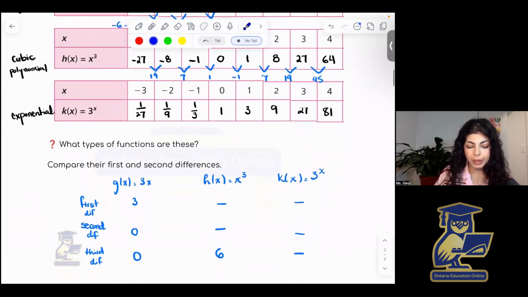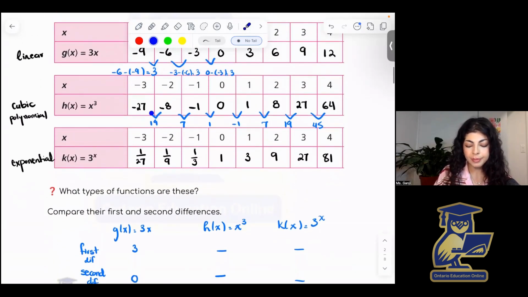Now, with the cubic function, if you take the first difference, shown there, you see that they're not constant. If you take the second difference as well, they're also not constant, which might be a little bit new for you. If you had done this previously with quadratic functions, we would always expect the second difference to be the same.